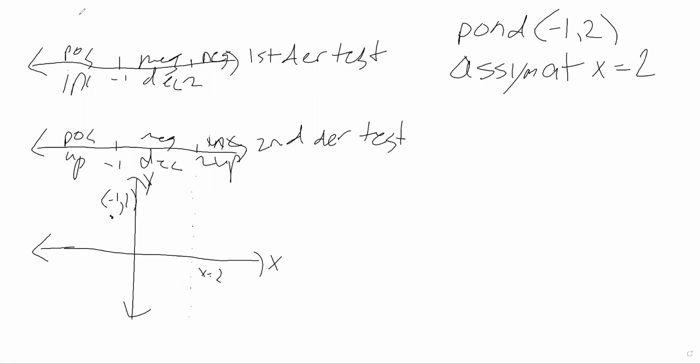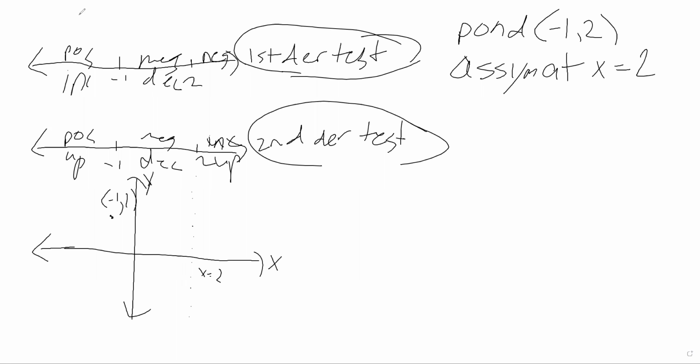We have a completed first derivative test, right? So this is our first derivative test completed for us, actually. We have our second derivative test completed for us. So that's awesome. So we can look here: positive is increasing, negative is decreasing. Then in the second derivative, positive is up, negative is down, right?